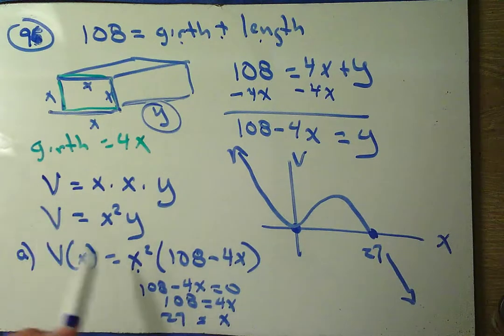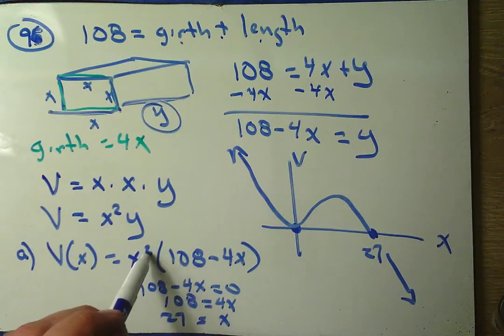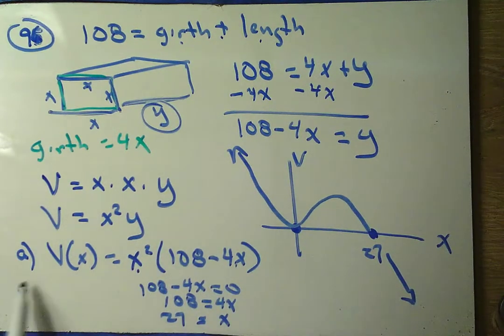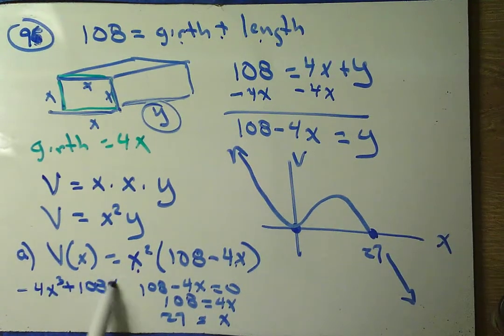You know, this is a cubing function, right? X squared times x. We're going to have negative 4x to the third plus 108x squared. That means I take numbers like 27 and plunk them in there and cube them and then multiply them by negative 4. We're going to have some big numbers here.